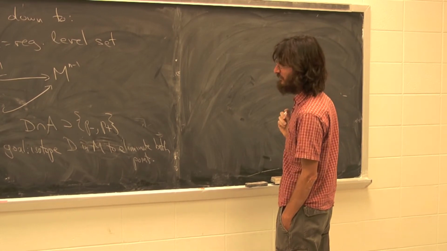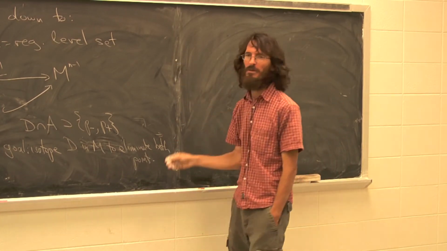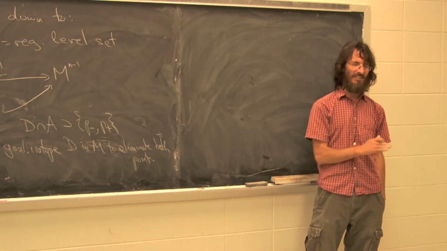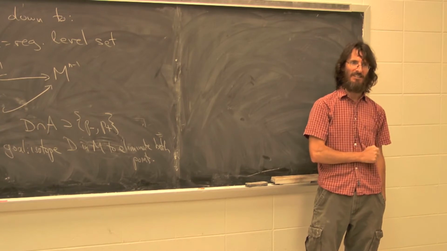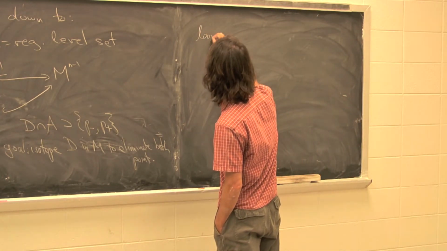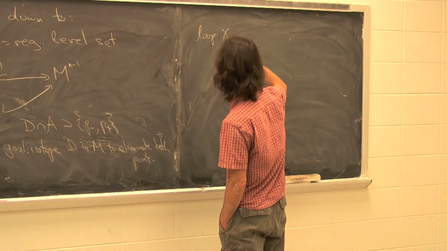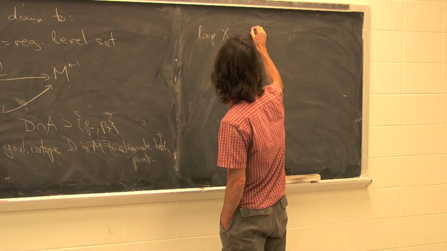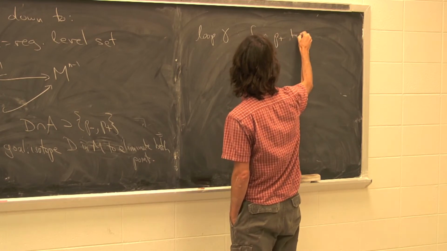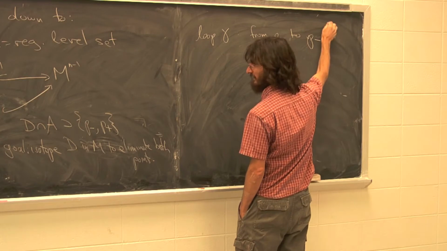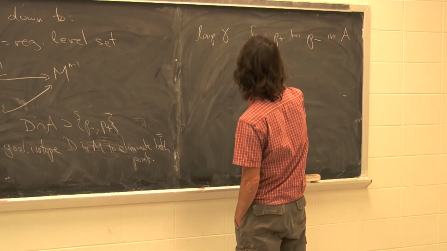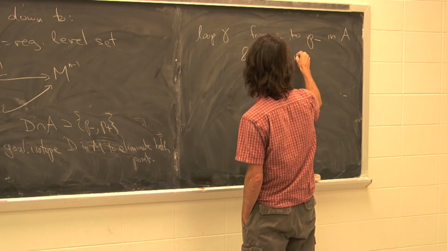Okay. And so the picture you want to draw. Well, what you need to do is you need a loop, and you need to use pi1 equals 0, and you need to get a disk, right? And then you want to do something along that disk. The disk has to be embedded. So I'll just tell you. You're going to get a loop, gamma, which goes from, say, p plus to p minus in, say, A, and then back in.